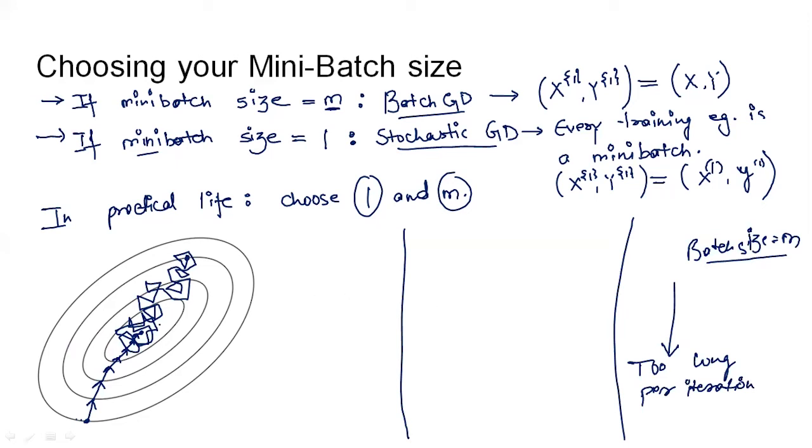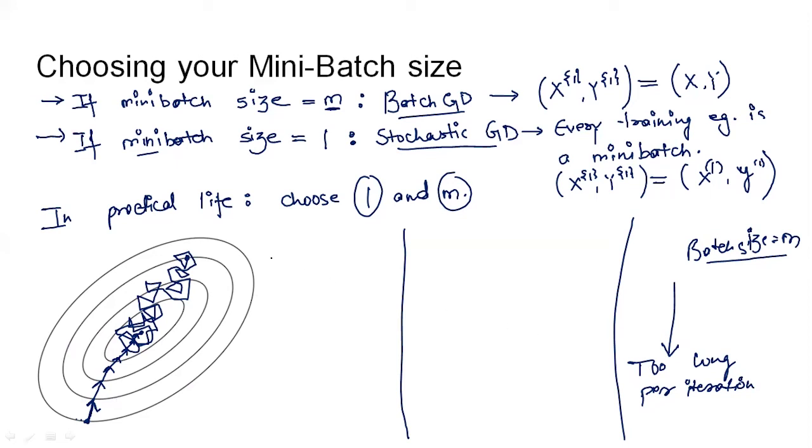Why? Because even for taking a single iteration, if you move from here to here, you need to iterate over the whole data set, through all the m training examples. So even if you are using vectorization here, it would not perform very effectively.